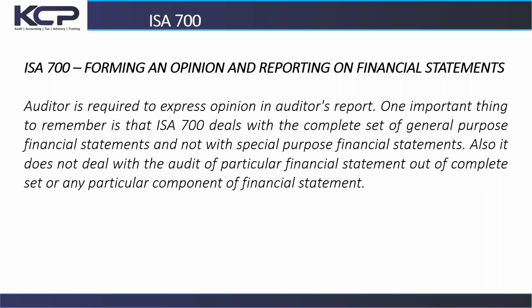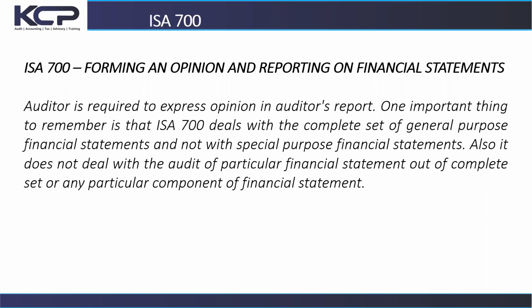So one important thing to remember is that ISA 700 deals with a complete set of general purpose financial statements. So what is a general purpose financial statement? A general purpose financial statement is a financial statement that is not prepared to meet a specific need. No, it is prepared to meet the need of all the would-be users of the financial statement, and not with the special purpose of financial statements.